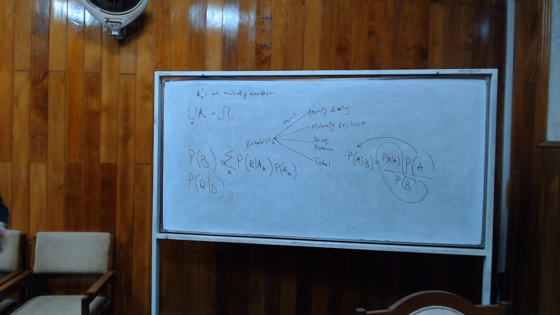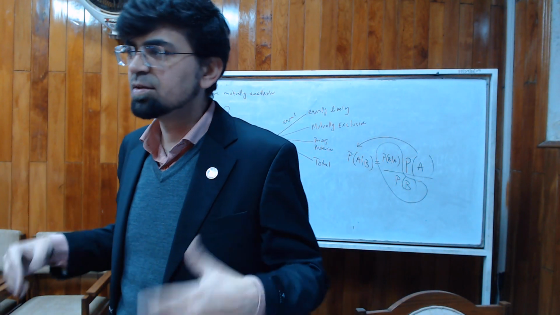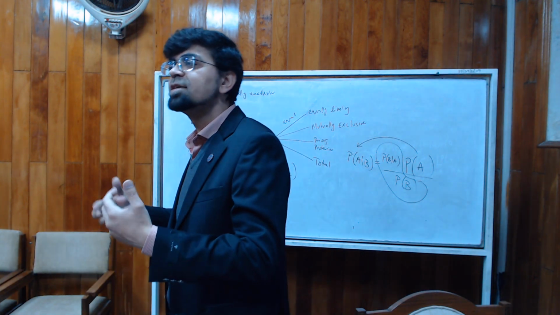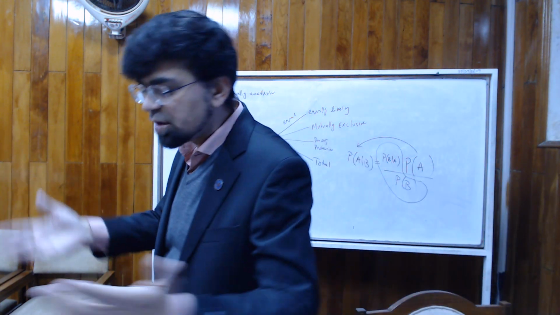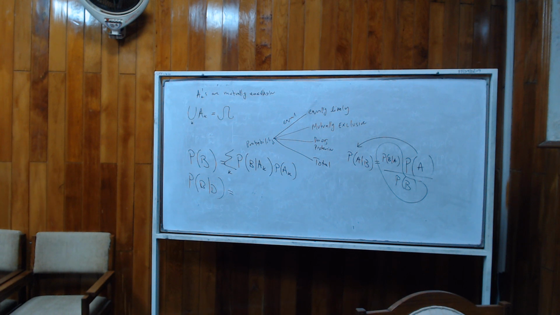So from now on, instead of saying lack of knowledge, which doesn't sound very nice, it seems we are ignorant, we will say uncertainties. There are many causes, but from here on we'll start calling them uncertainties.